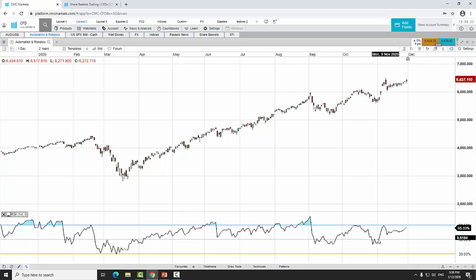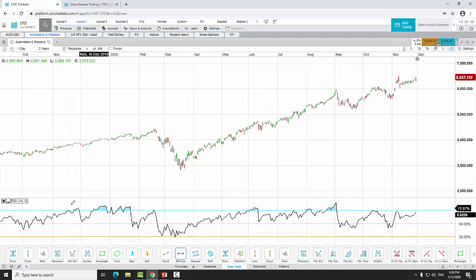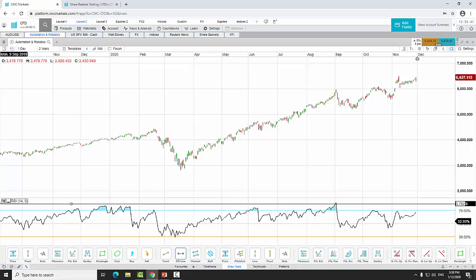RSI measures the momentum of the price action of the stock. What I could see is that this RSI is sloping upwards. It hasn't reached the overbought level yet, and we could see that there's this extreme overbought level. Let me draw a line for you all. All right, on average, give or take.